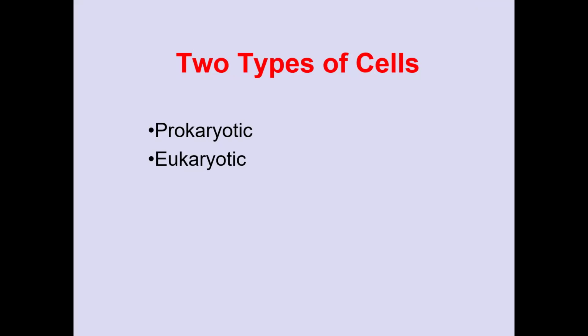They don't have membrane bound organelles or nucleus. The second type of cell is the eukaryotic cells, which are cells found in eukaryotes, that is multicellular organisms, plants, animals, and so on.